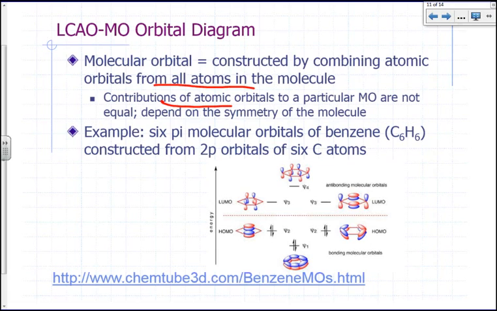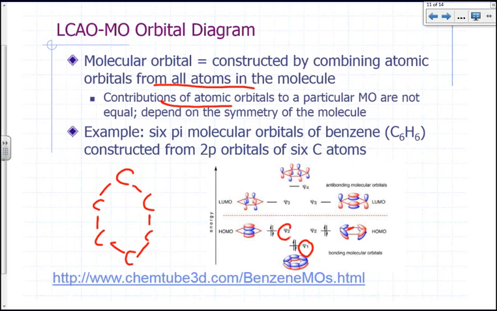For example, consider the 6 p orbitals of the 6 carbons in benzene. Benzene is C6H6. Each of those carbon atoms has a 2p orbital that can contribute to 6 possible pi molecular orbitals, which involve delocalization of electrons around the benzene ring. These are the 6 molecular orbitals you can get.